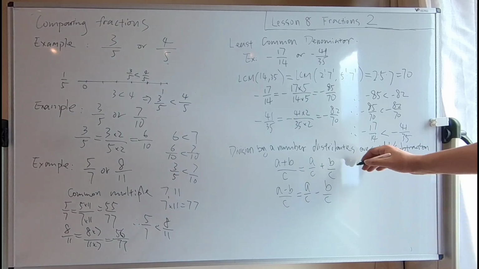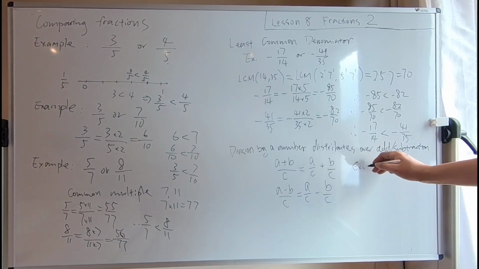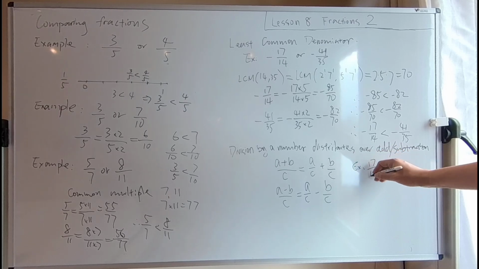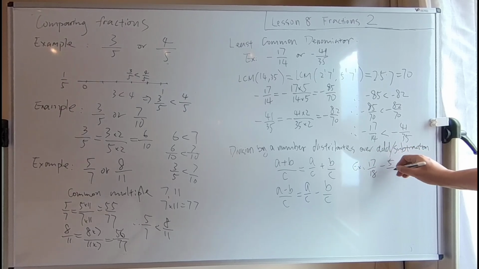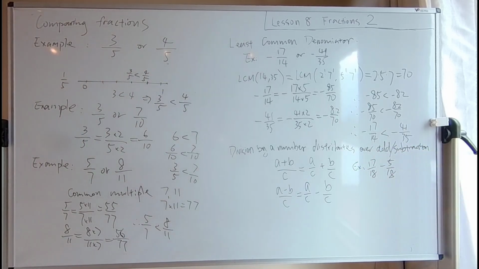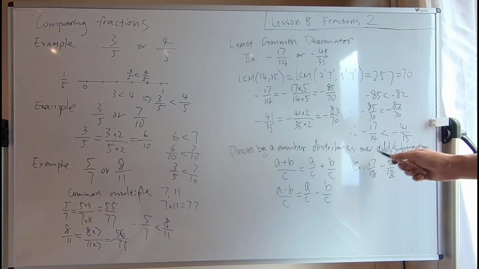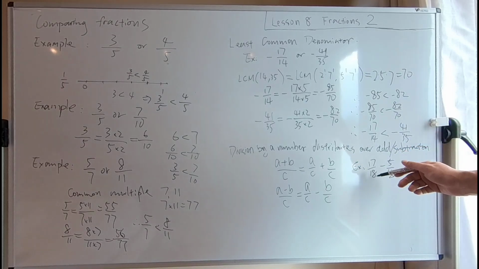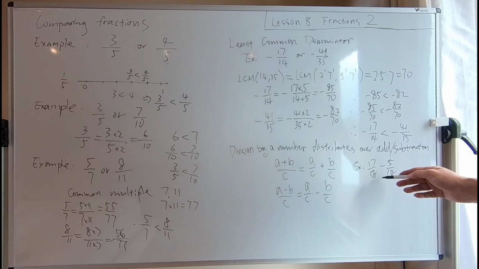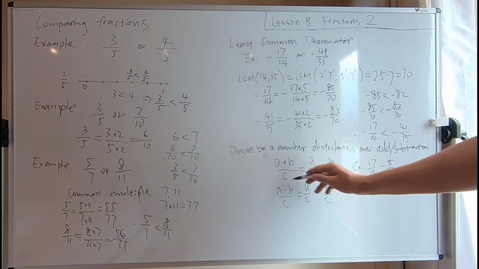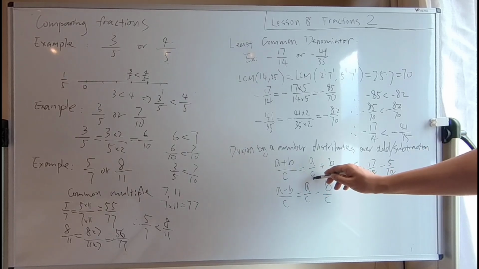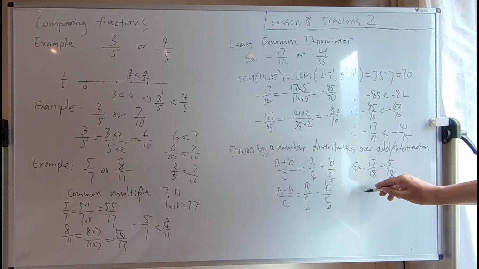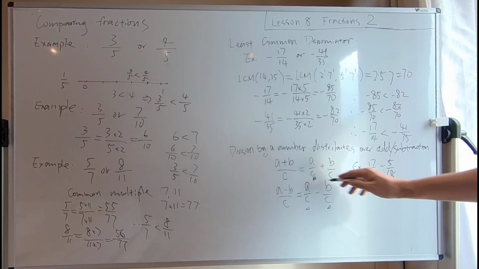Right, so for example, if I have 17 over 18 minus 5 over 18, this is the same idea as when we compare fractions by having the common denominator. If you already have a common denominator, you can do the simplification.